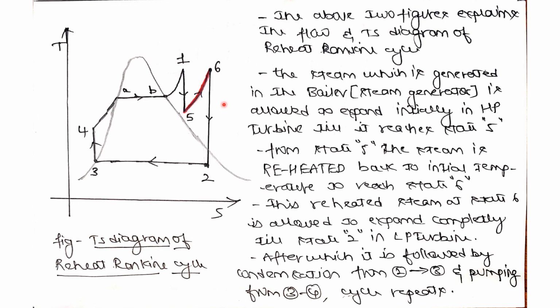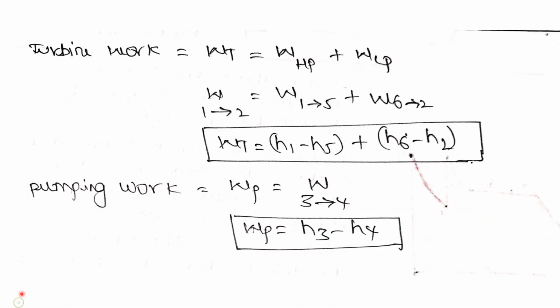This is the turbine work output. Now, where is the pumping work? Here is the pumping work. Pumping work is again work, so it is initial minus final, H3 minus H4. This is how you calculate your turbine work and pumping work. So this is how reheating happens in the case of a Rankine cycle.